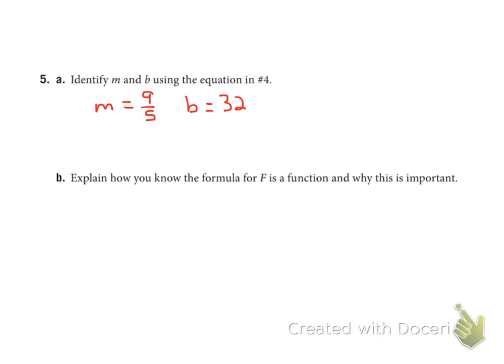Explain how you know the formula for F is a function and why this is important. For every x input, there's a y. Okay. Let's use the C's and the F's in this case. So for every C value we substitute in, we get exactly one F value.